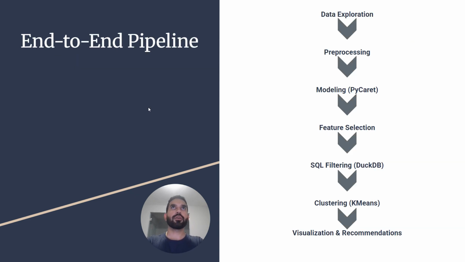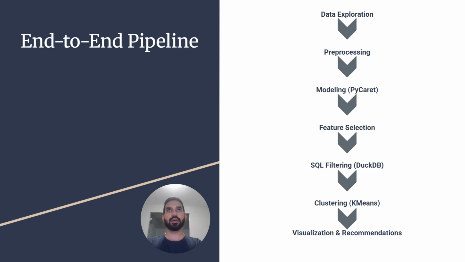Here's a flow of the project. We do data exploration, look at basic insights that we can get from the data, do some pre-processing in case of any null values or values that don't make sense in the data set. And then we get into modeling. We used PyCaret for the modeling section of the project.